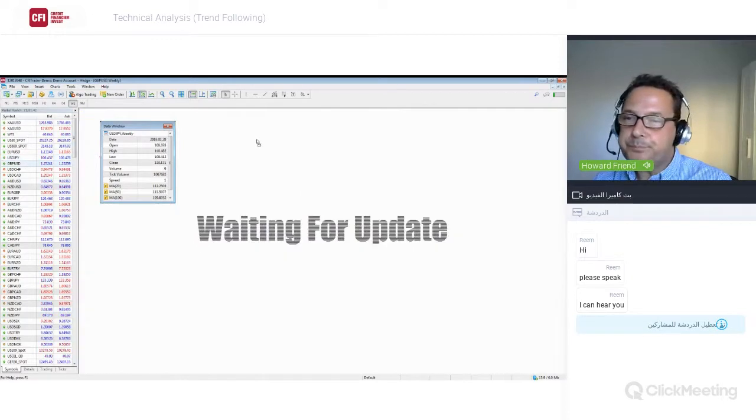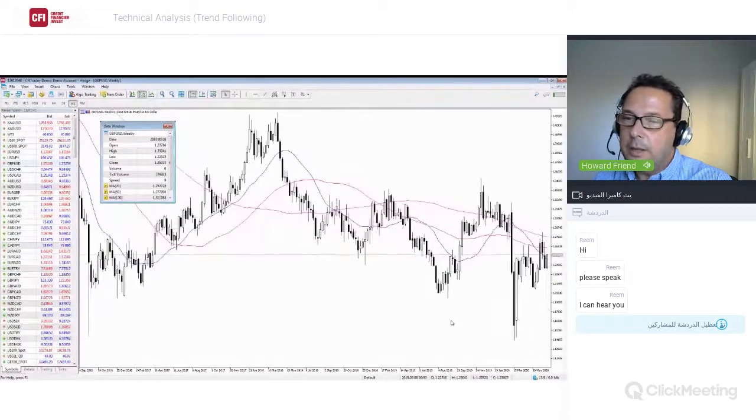Sterling dollar, cable. So what we've had there is a bit of a downtrend, a very aggressive move to the downside, and then a very large reversal to the upside. So it seems that we broke down through this key level here, which corresponds to the low back in 2016. We're starting to trend higher. With regards to moving averages and trend indicators, not a whole lot of real indication there.